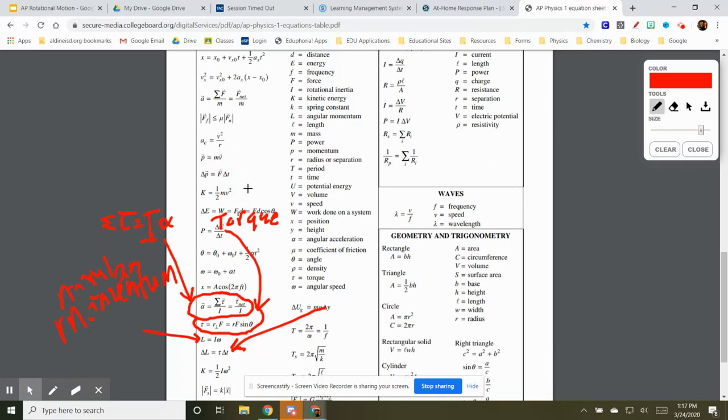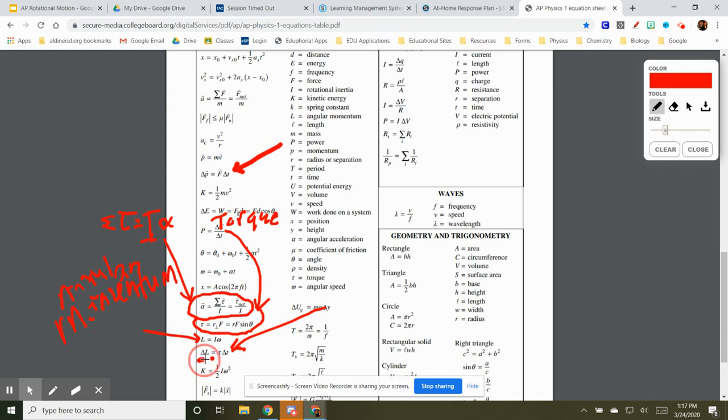Didn't we use the linear one when we wanted to calculate change in momentum, or the force on an object? So we can use this guy right here to find our torque on an object if we have change in angular momentum.